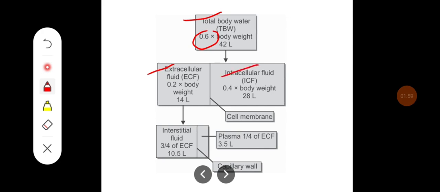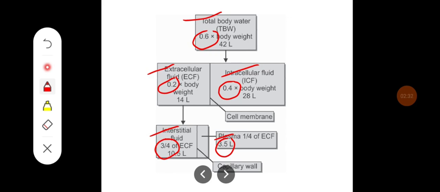Intracellular fluid is almost 40% of the total body weight, whereas extracellular fluid is 20% of the total body weight. And the extracellular fluid can again be divided into interstitial fluid and plasma. So amongst 20%, 3/4, that is 75%, is interstitial fluid and 25% is plasma.